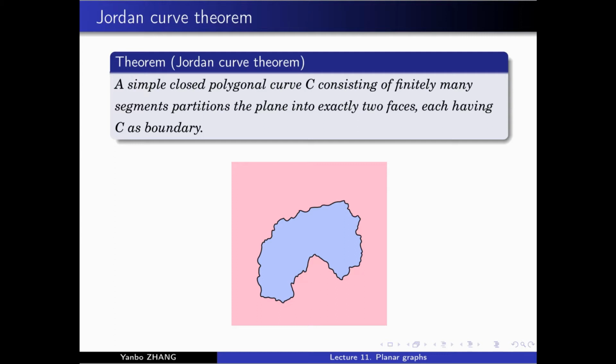Jordan curve theorem says that a simple closed polygonal curve C consisting of finitely many segments partitions the plane into exactly two faces, each having C as boundary. Like the figure below, this closed polygonal curve is C. It partitions the plane into exactly two faces, each having C as boundary.